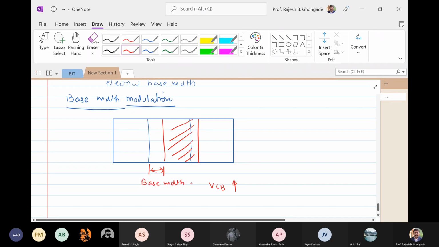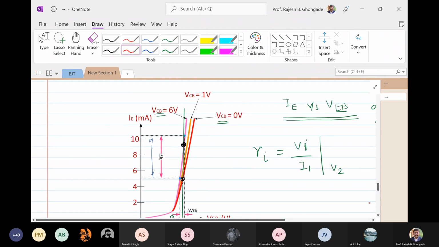तो बेस विड्थ has reduced and we have seen that if base width reduces, what will happen to the emitter current? Emitter current will increase. This is the effect that we are looking at here.